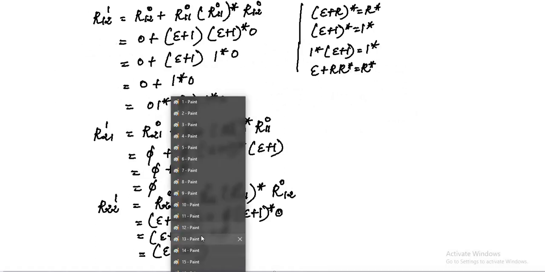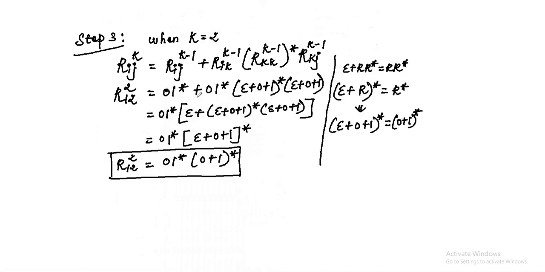Here you write 0, 1 star plus I value is 1, k value is 2. R12 raised to the power 1, so same value 0, 1 star. Then R base kk, k value is 2. So R22 raised to the power 2 minus 1, 1. R22 raised to the power 1.